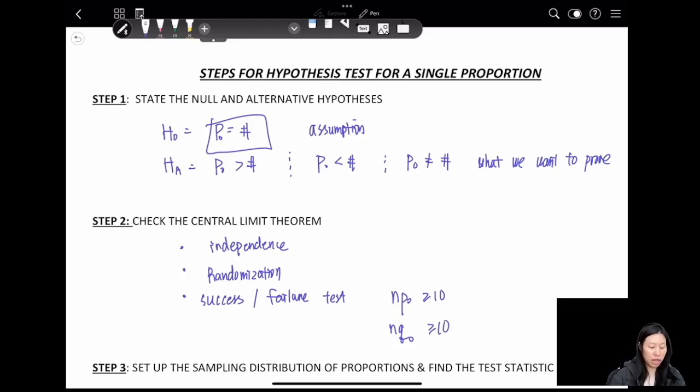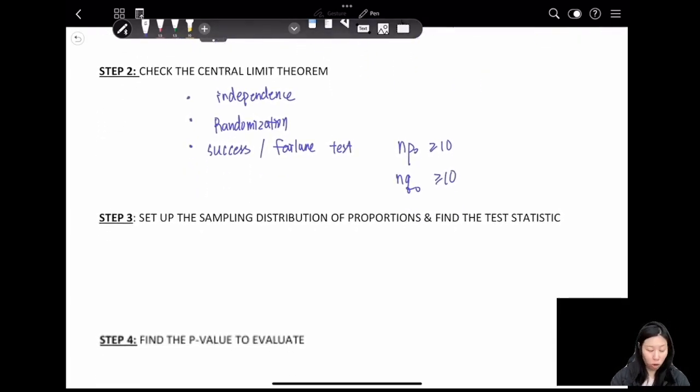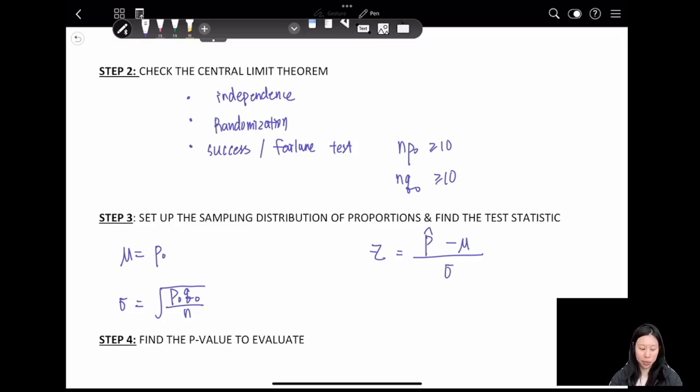So we set up the sampling distribution of proportion, which is mu equals p sub 0, and sigma equals the square root of p sub 0 times q sub 0 divided by n. And then z-score equals p hat minus mu over sigma.